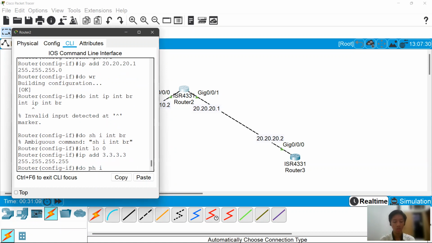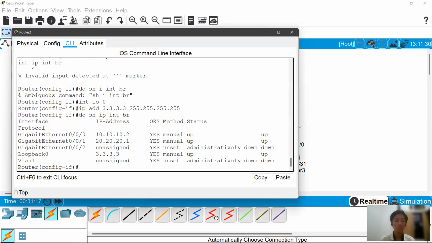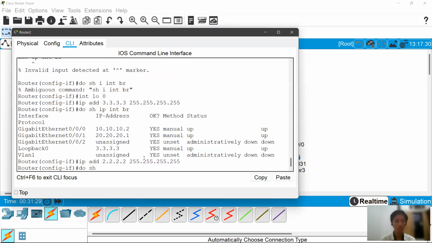Check show ip interface brief. Okay. Oh, this is in the router. Okay, I forgot. Show ip interface brief.